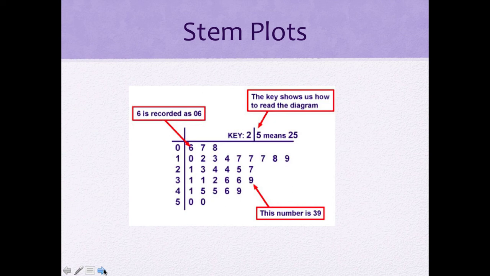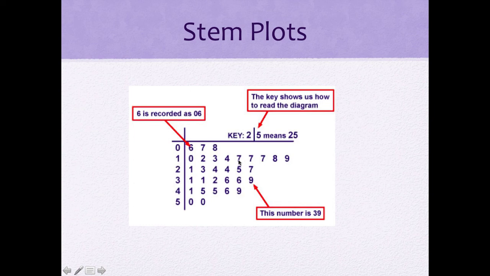So in this example here, if you look at this one right here, that one represents something in the tens. So, for example, 1, 0, this would be 10. 1, 2, this represents a piece of data, 12. 13, 14, and there are 3 17s in this set of data.